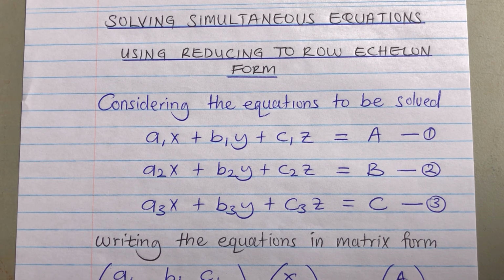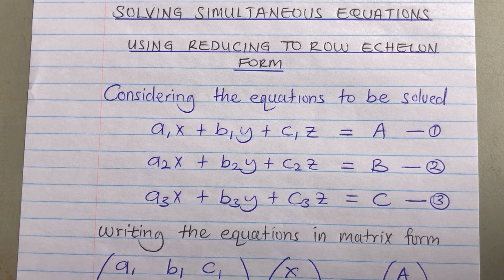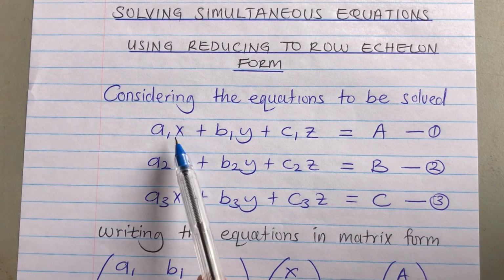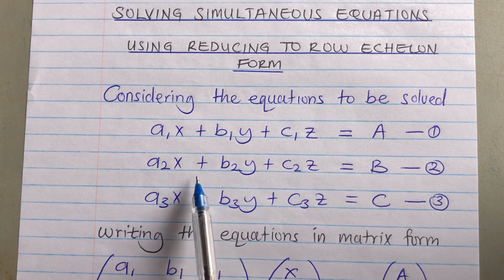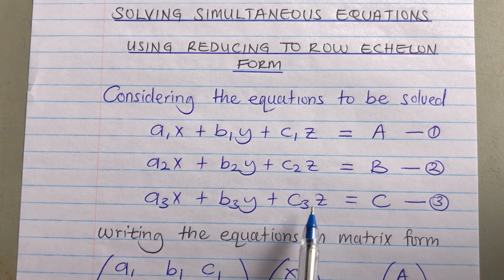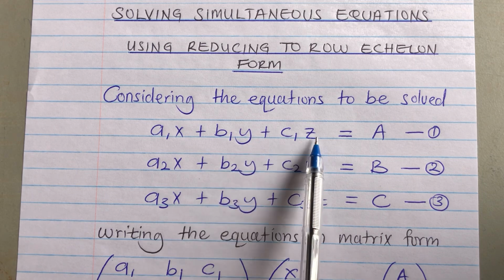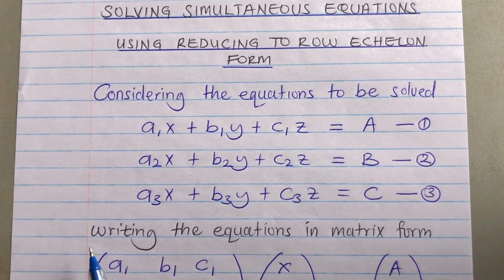Let us start. We are considering equations to be solved. We have three equations: equation 1, equation 2, and equation 3. In all of these three equations, we have the same variables, that is x, y, and z, having different coefficients.